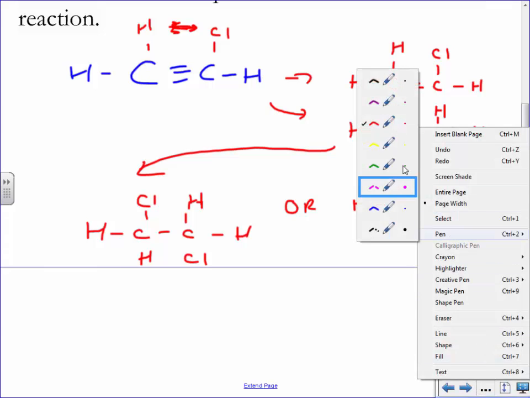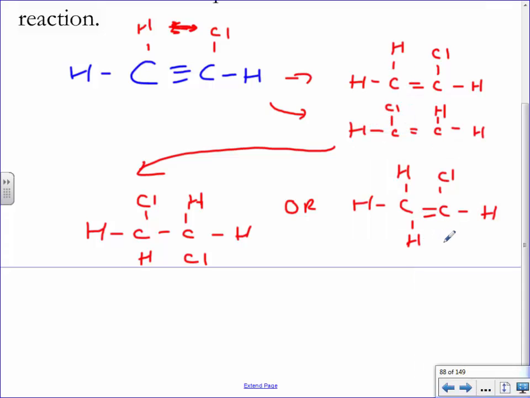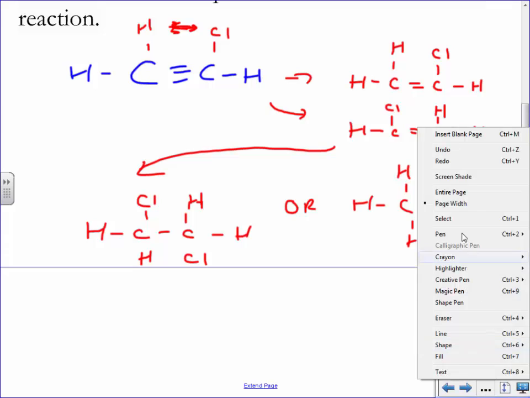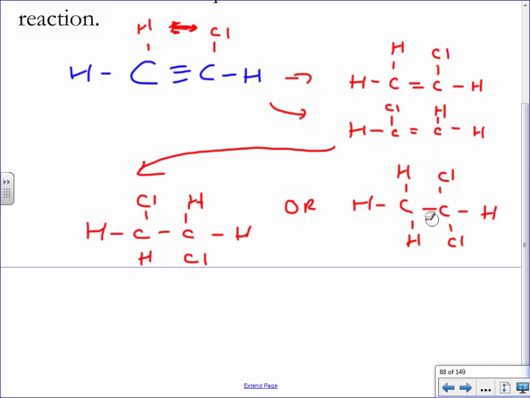But what happens if it was added in this order here for the second one? Hope you guys see what I'm trying to hint at here. Depending on that orientation, if they both slotted in the exact same way, now you'd actually have a 1,1 dichloroethane. Here you'd have a 1,2 dichloroethane.